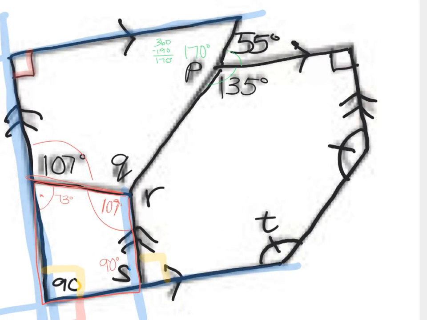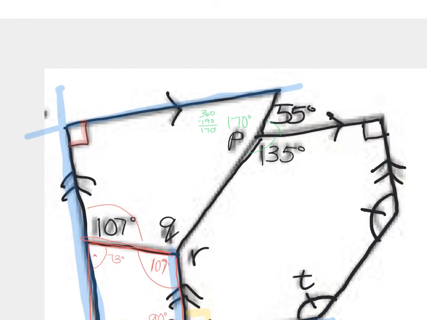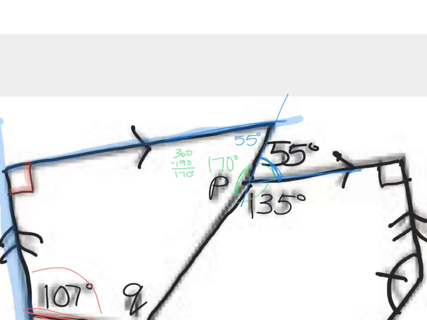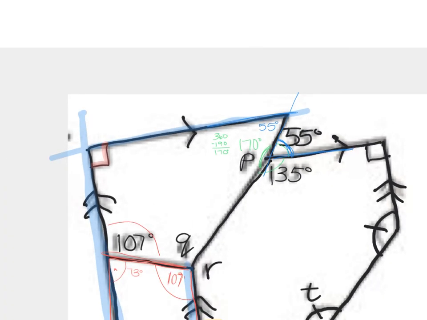When I go to try to find Q, before I jump down and figure out Q, I'm going to say, well, this is 170. This blue line and this blue line were parallel. So this line is acting like a transversal. The 55 from right here will swing up and be in this little corner as well. I have 1, 2, 3, 4, 5 angles, so my pentagon will add to 540.